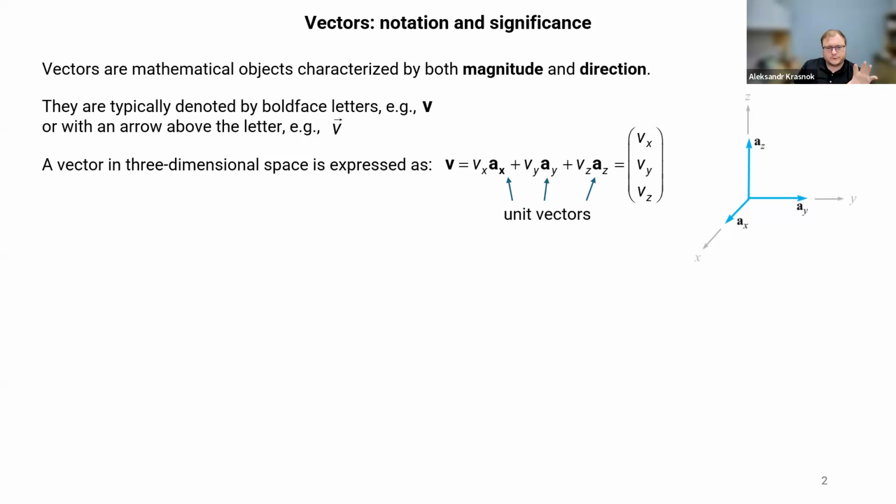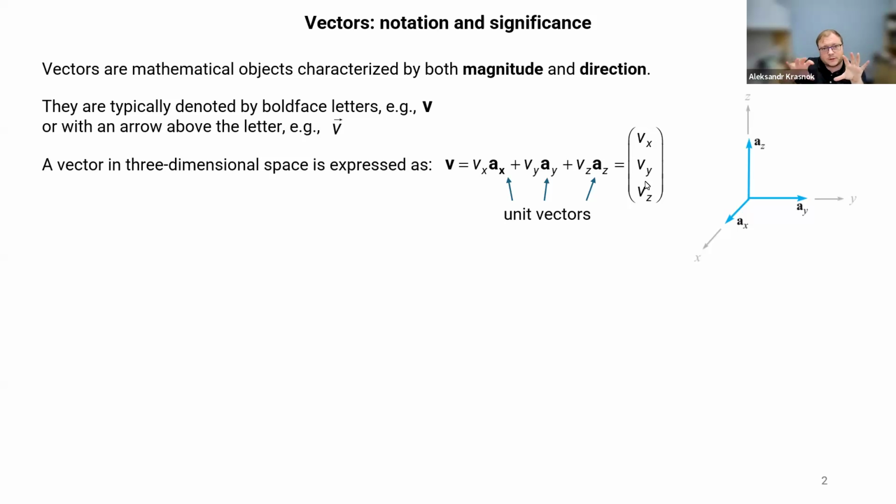It's important to understand that if I change my coordinate system, rotate it, all components will change, of course. For example, for a particular vector of velocity, I can rotate my coordinate system to align velocity with the x direction. Then I will get only vx, and vy and vz will be 0.